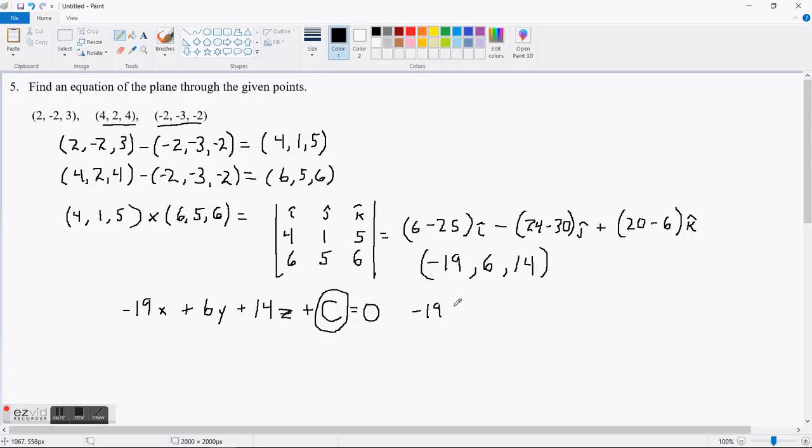So negative 19 times 2 plus 6 times negative 2, using the first point up there, plus 14 times 3 plus our unknown c equals 0.